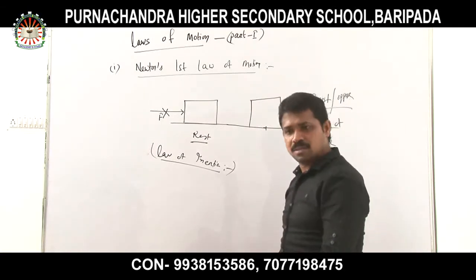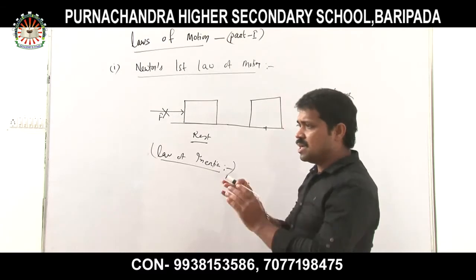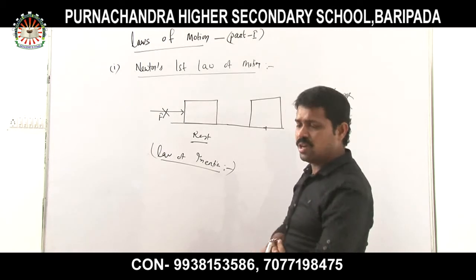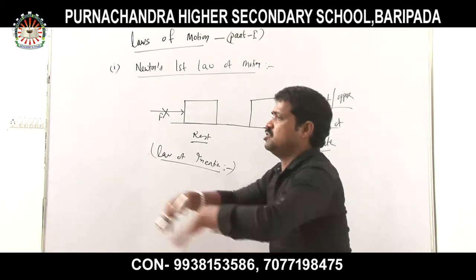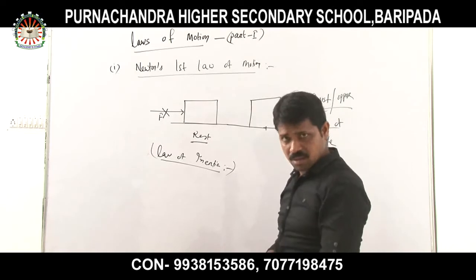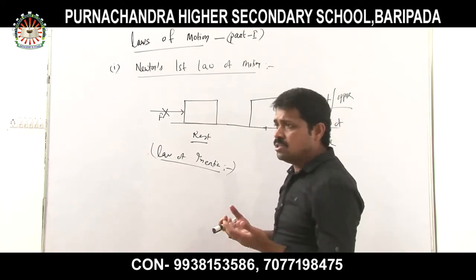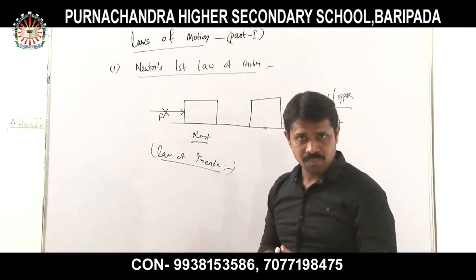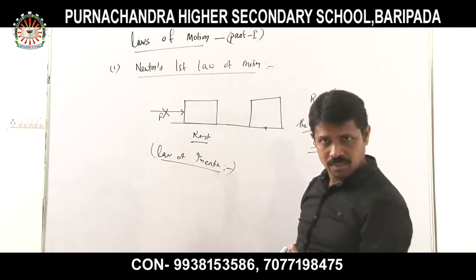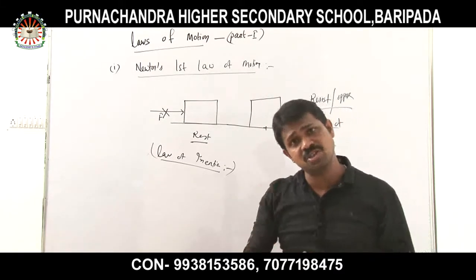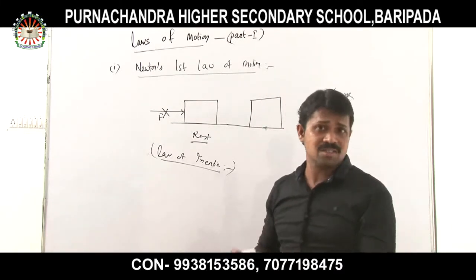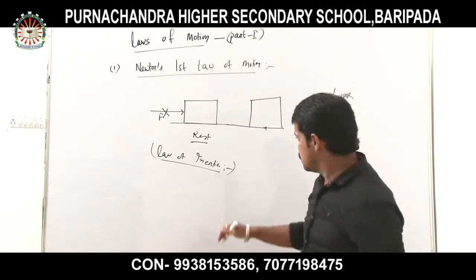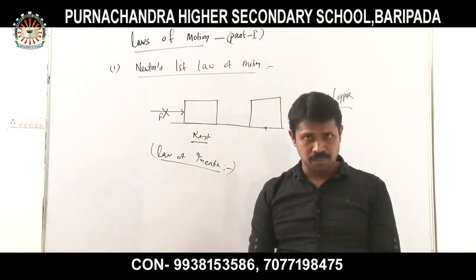Suppose we are sitting in a bus, and the bus is at rest, and I am sitting in the seat, and suddenly the bus starts. Then what happens? We are somehow jerked back. Why? What is the reason behind the jerk in the backward direction? If the bus starts suddenly from rest to motion, the reason is inertia.